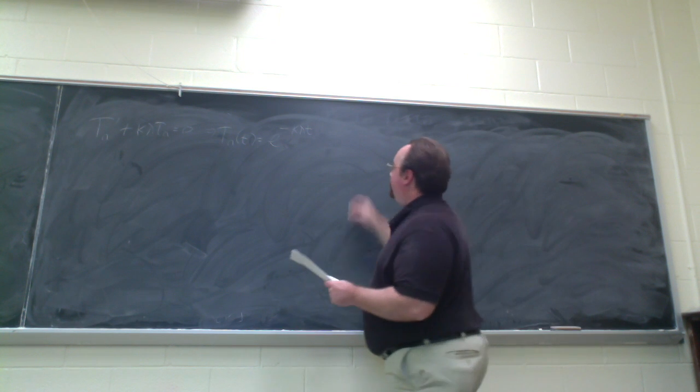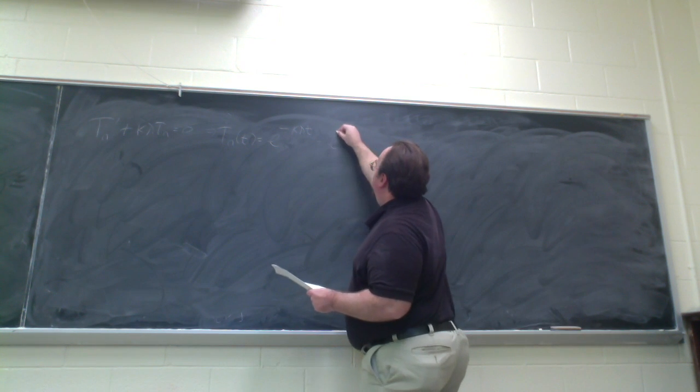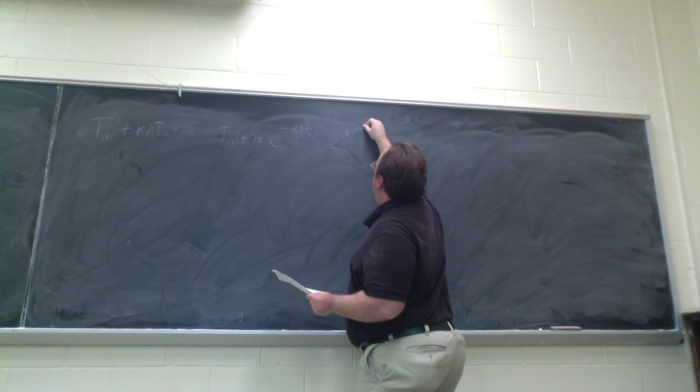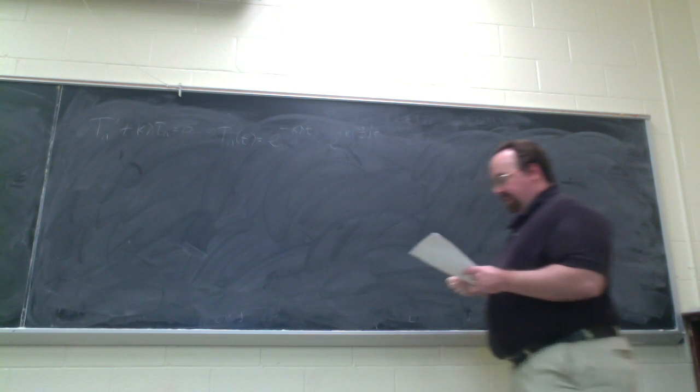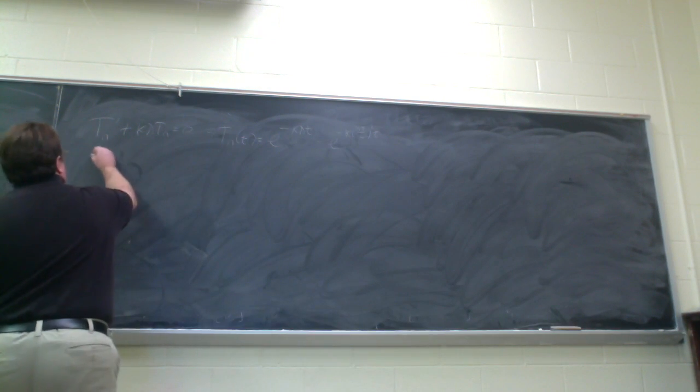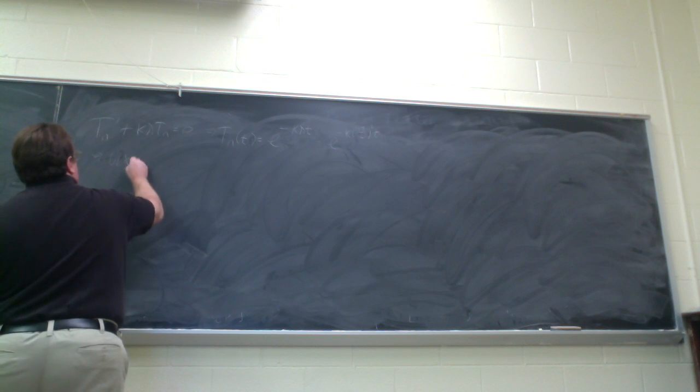Now I can fill in what lambda is, so it's e to the minus k (n pi over L) squared t. So that was easy, so now I can write down my entire solution, at least the form of it.